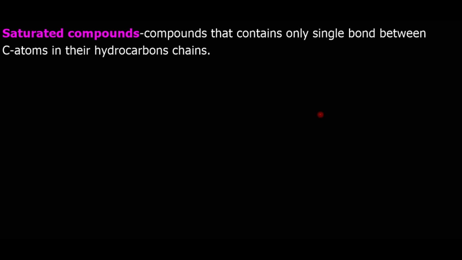And then more, saturated compounds. Saturated compounds actually are compounds that contain only single bonds between carbon atoms in their hydrocarbon chain. So what is important is these two terms, only single bonds and the hydrocarbon chains.